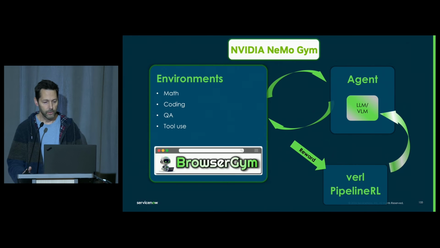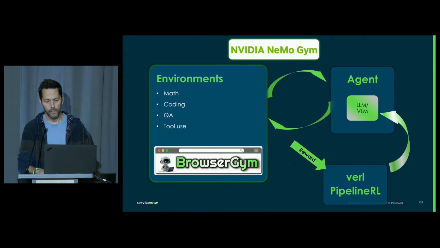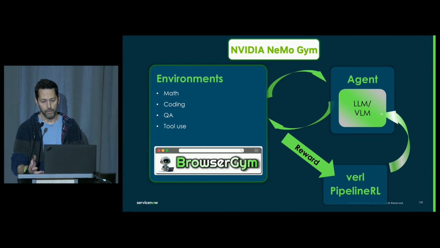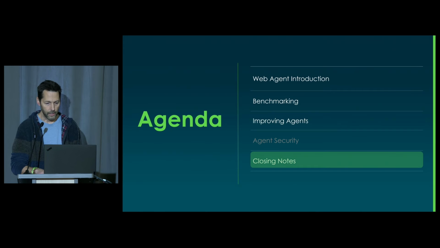So what we can do is bring BrowserGym to NeMo Gym and start leveraging it for doing some training. And perhaps have even bigger rewards and train bigger VLMs or LLMs. And that's going to be it for me.